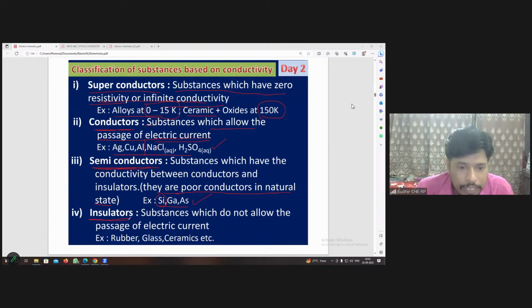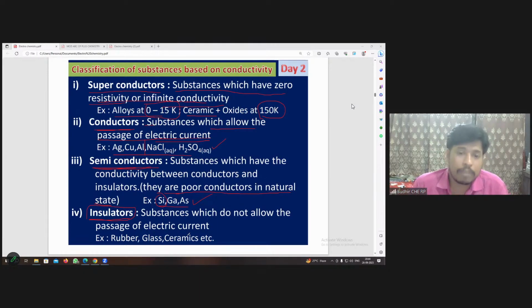And the last one is very simple to understand, and you know this very well. Insulators. What is meant by an insulator? Generally, when you observe electrical wires, either copper or aluminum wires in our household usage, that metallic wire is coated with some PVC material, right?